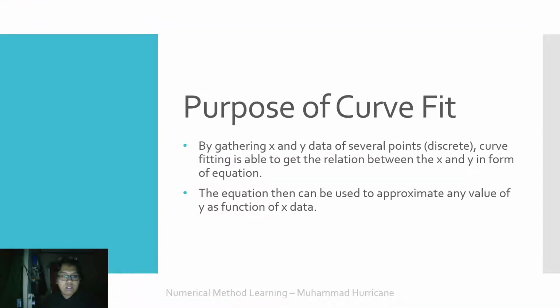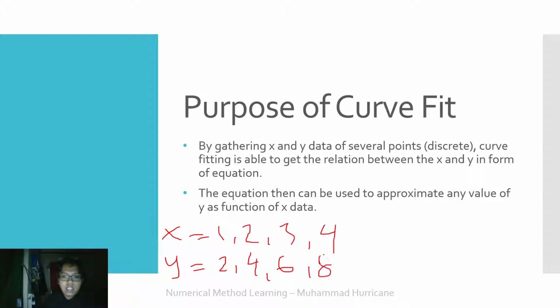So if we have x as 1, 2, 3, 4, and y as 2, 4, 6, and 8, the relation between these two is y equals 2x, just like that.